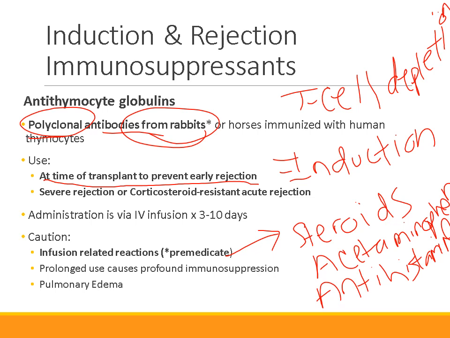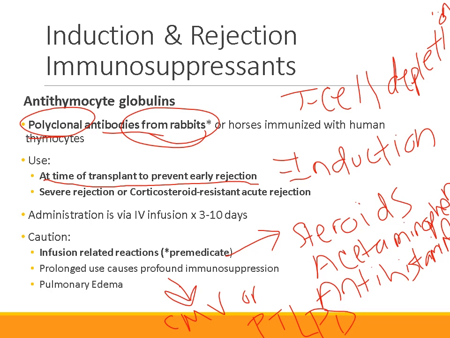Prolonged use of the anti-thymocyte globulin can really cause profound immunosuppression. And this profound immunosuppression can make the patient susceptible to opportunistic infections, like CMV, or what we call post-transplant lymphoproliferative disease.